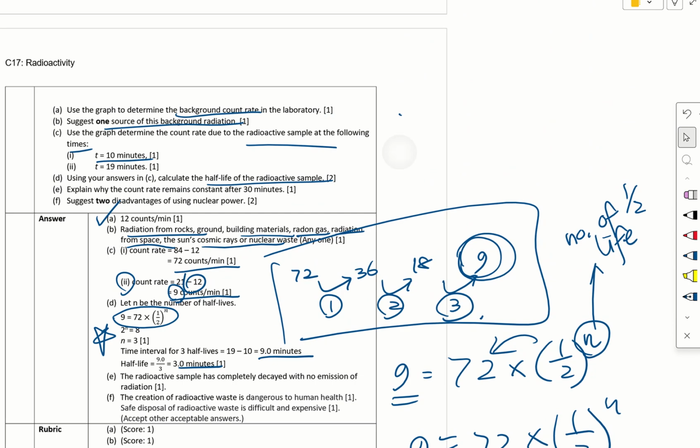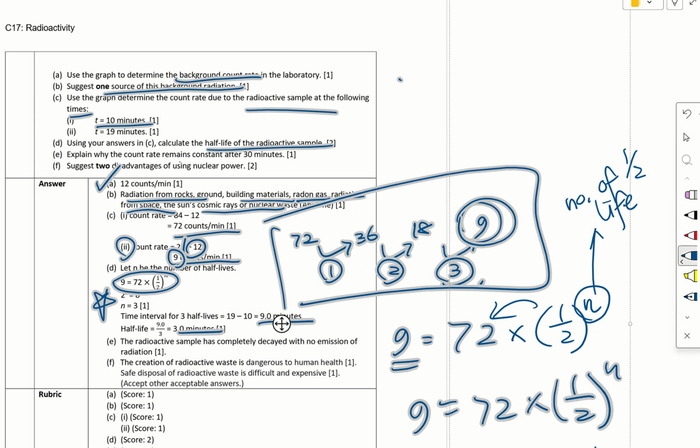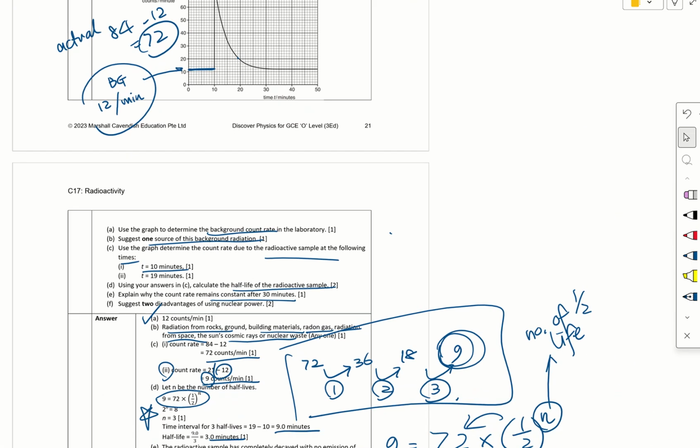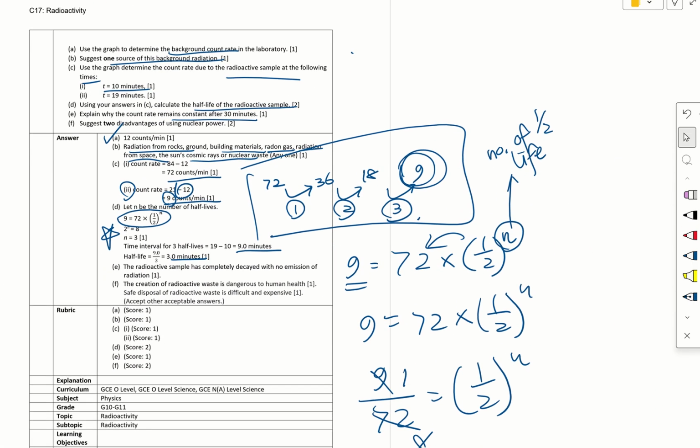Then the next part is explain why the count rate remains constant after 30 minutes. After going through 3 half-life, the number dropped to 9. If I let it go one more half-life, the fourth one, it will drop to 4.5. Then if I let it continue, it will drop to 2.25. And each half-life is 3 minutes.